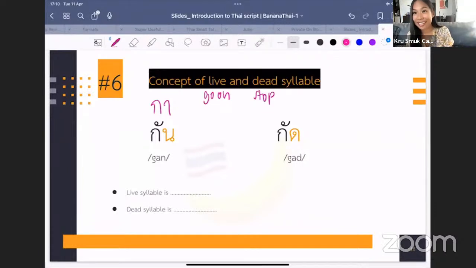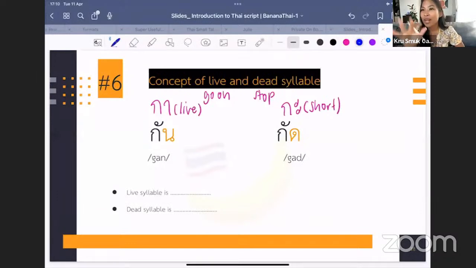It's live. But if it's like this, ga, it's a short vowel. It's supposed to be short and to stop very quickly. So the long one is surely live and the short one is surely dead. So tell me, what shows whether it's live or dead?